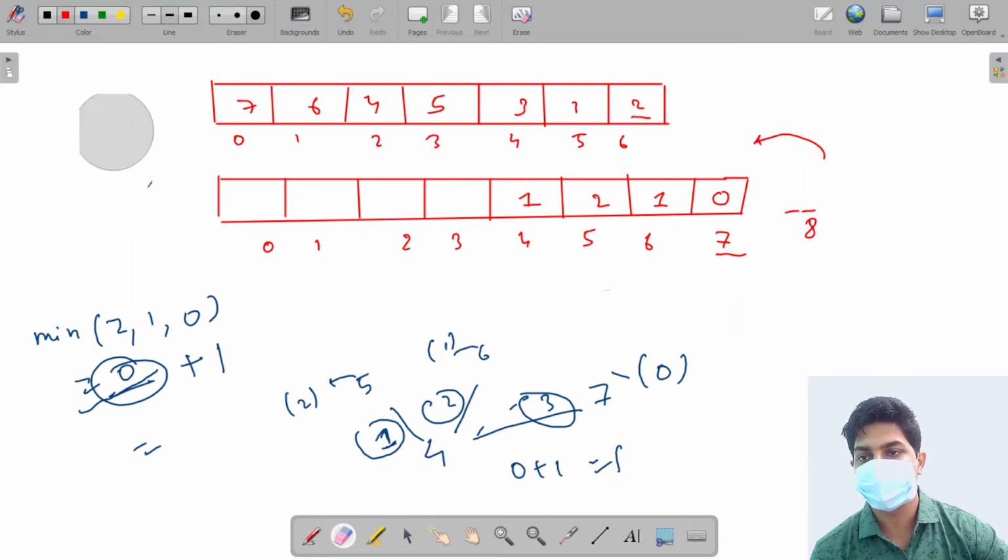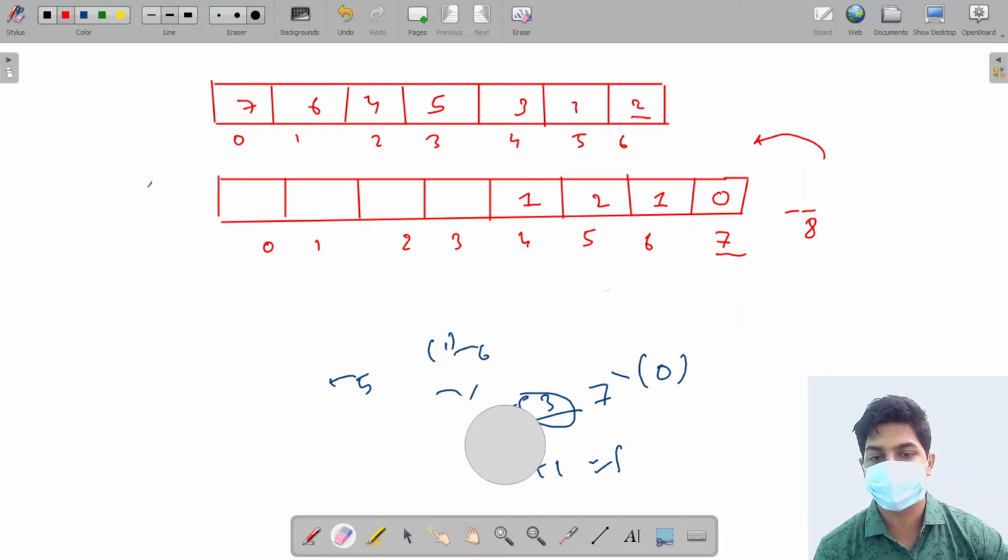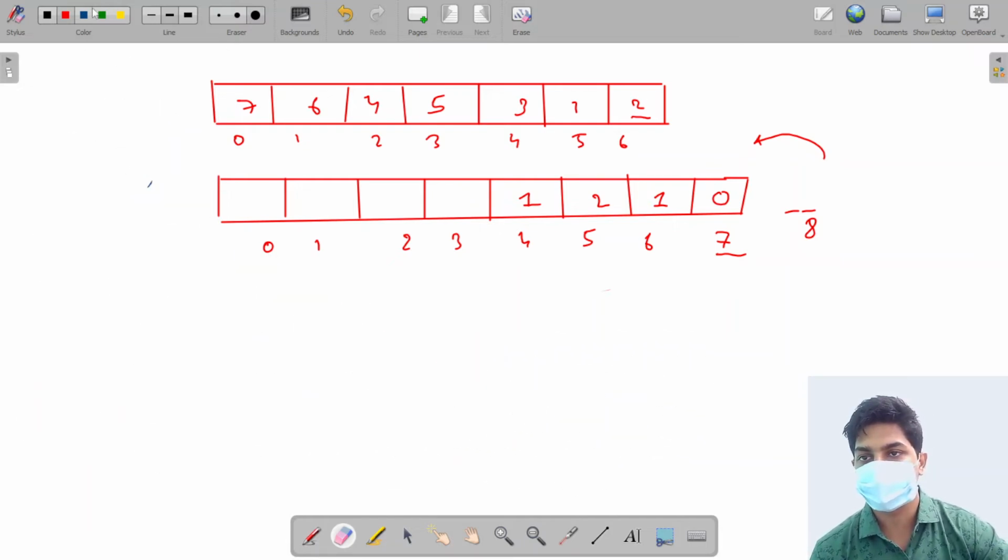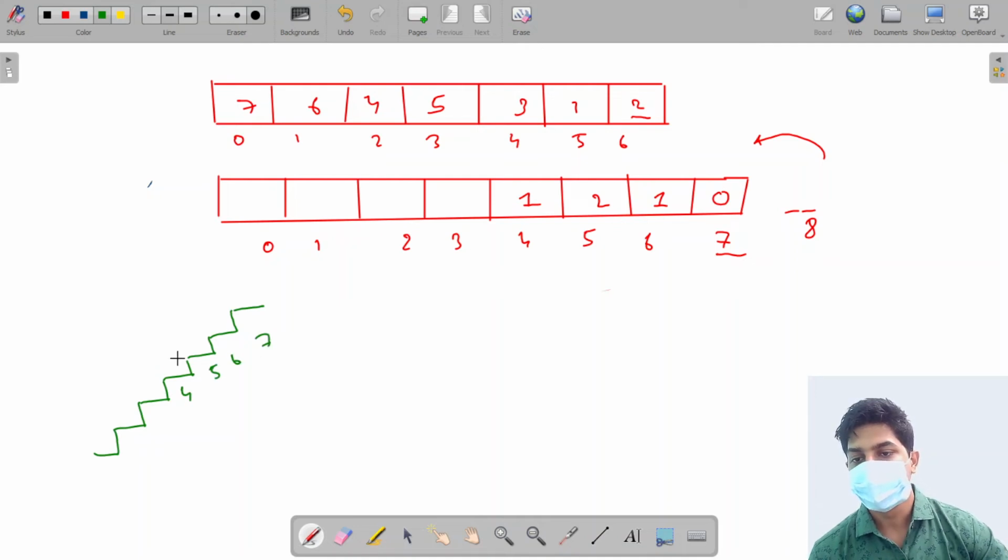Now let's also see what that particular jump is. What are the minimum jumps? The options available, let's see in the diagram. If I am on the 4th, this is the 5th, 6th and 7th. One option, which we are currently using, is to directly take a jump of 3 units to reach the 7th position. So how many jumps are required? 1.